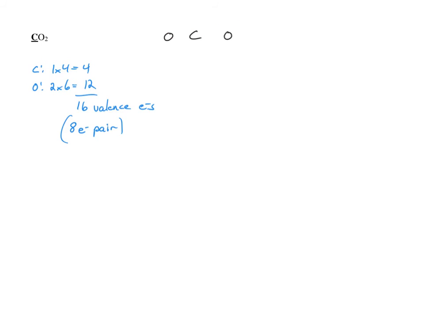Here's carbon dioxide, 16 valence electrons, 8 electron pairs. So we connect up the outside atoms, and we complete the octet of the outside atoms. At this point, we see that we need 2 multiple bonds. We can either have 2 double bonds or 1 triple bond.